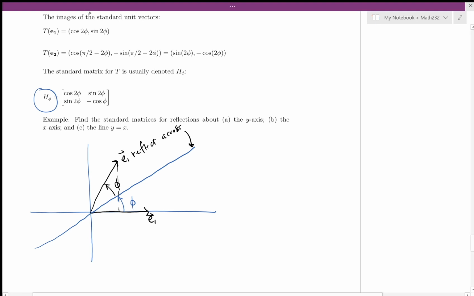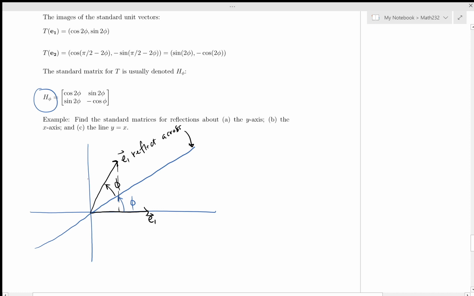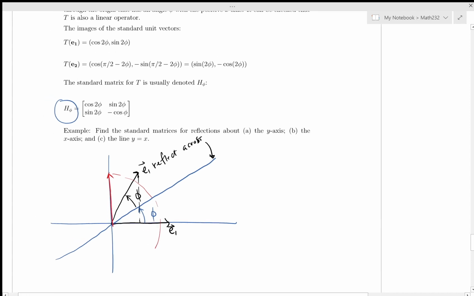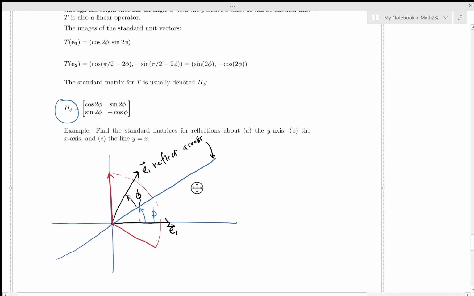Okay, then we do the same thing for E2. We take E2, there it is, and we reflect it across the line. And then that is going to end up, we have to come here, and then the equivalent distance there, like that. So it's going to be somewhere looking right about down here, like that. And we figure out what the x and y components are of this guy here.